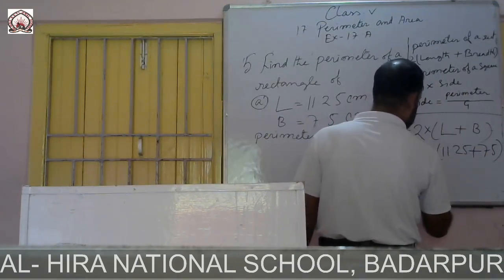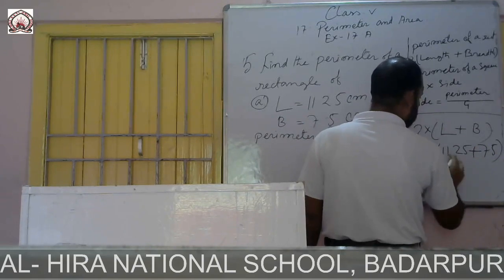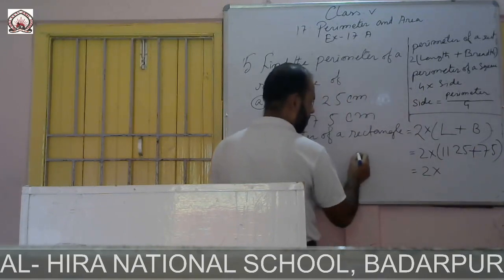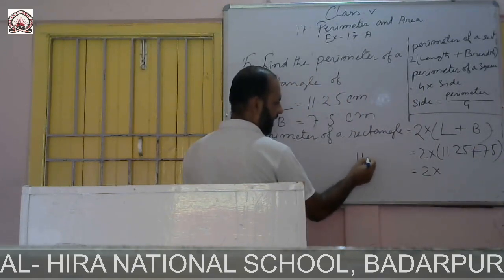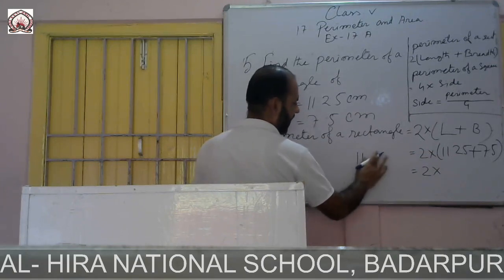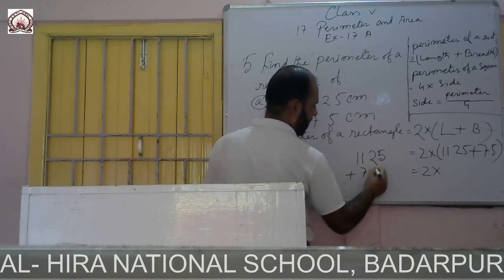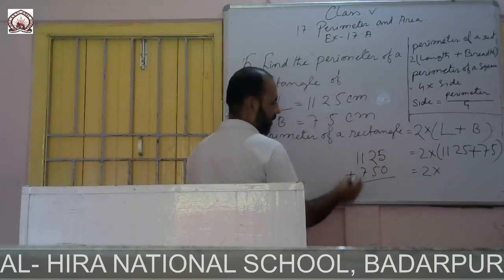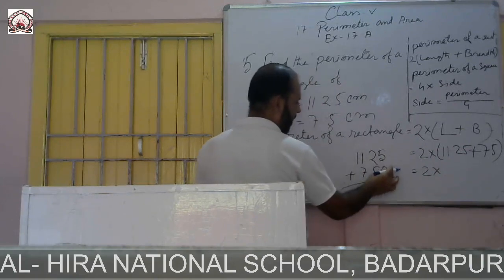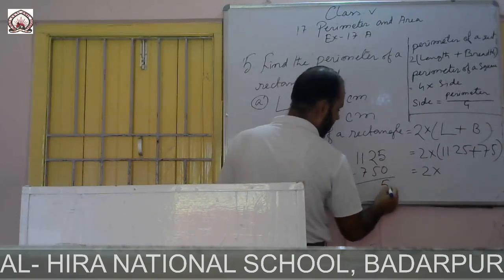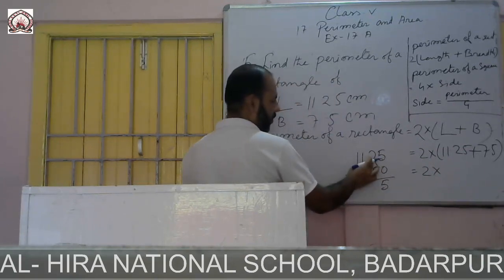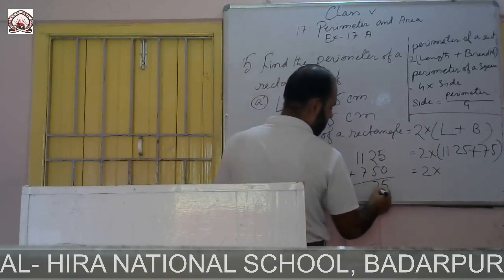So now 2 into 11.25 plus 7.5. So 5 plus 0 is equal to 5. 2 plus 5 is equal to 7.